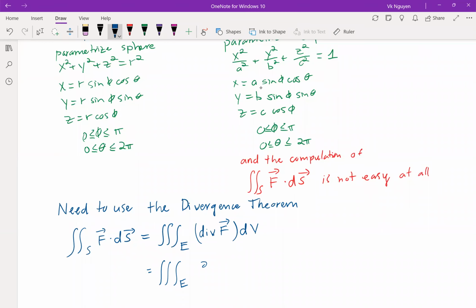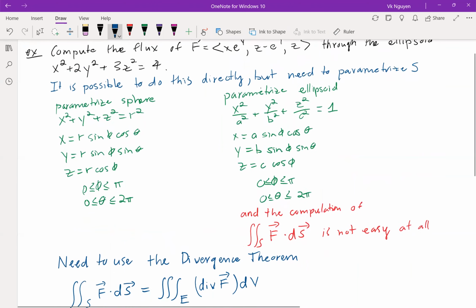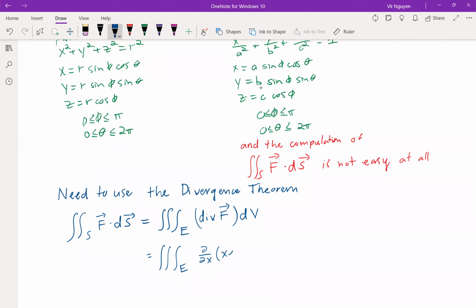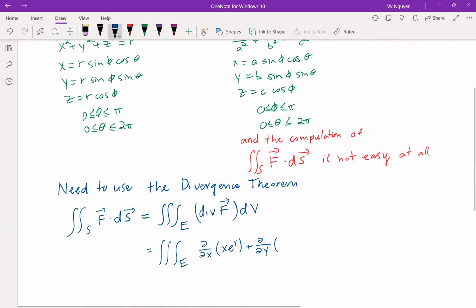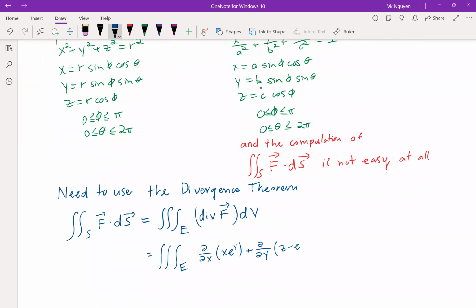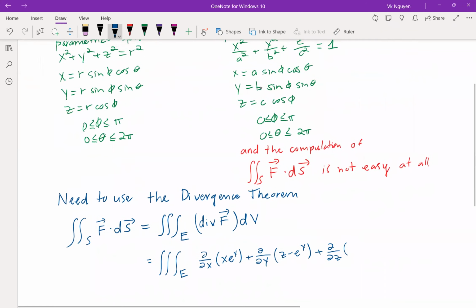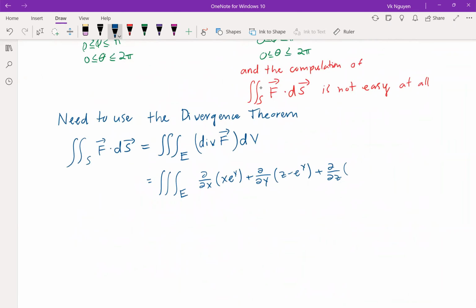Div F is the partial derivative with respect to x of the first component, x e^y, plus the partial derivative with respect to y of the second component, z minus e^y, plus the partial derivative with respect to z of the last component, z. And then dV.